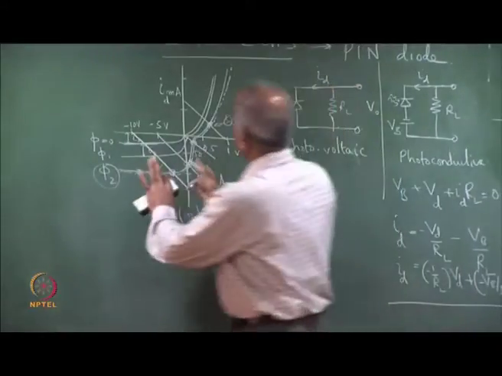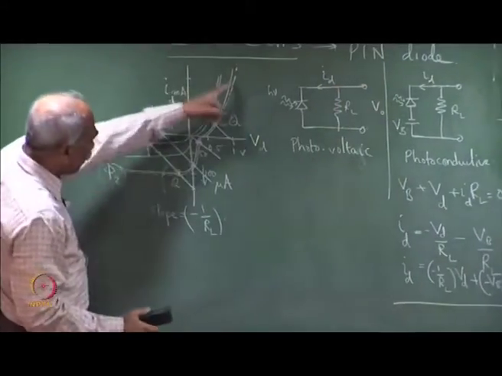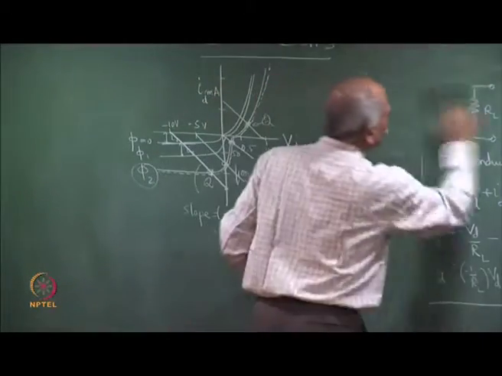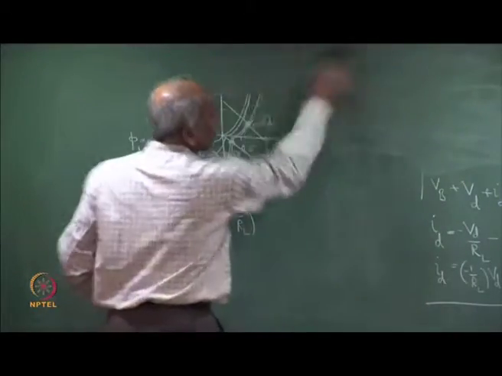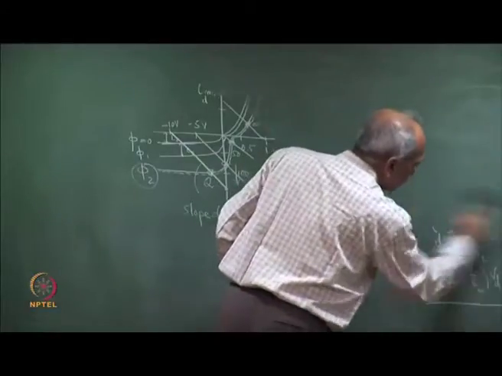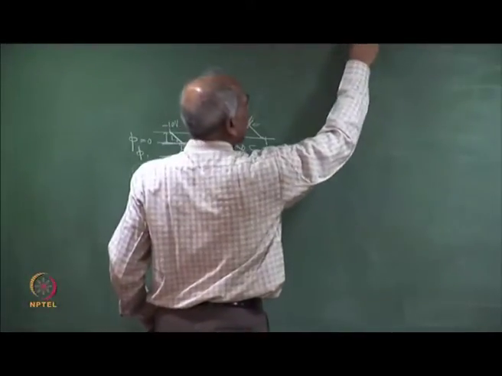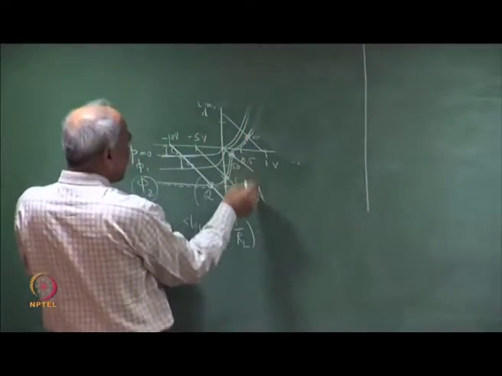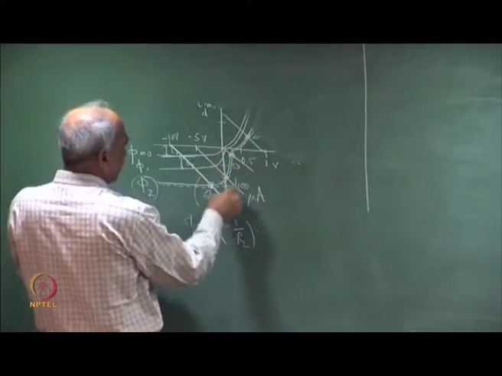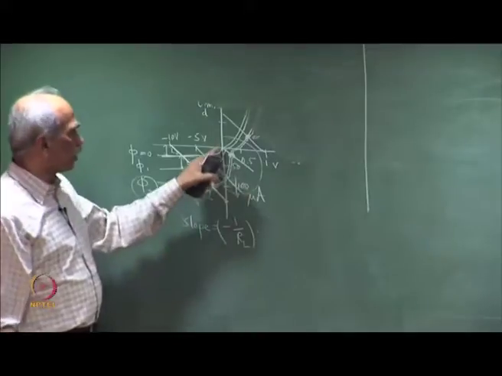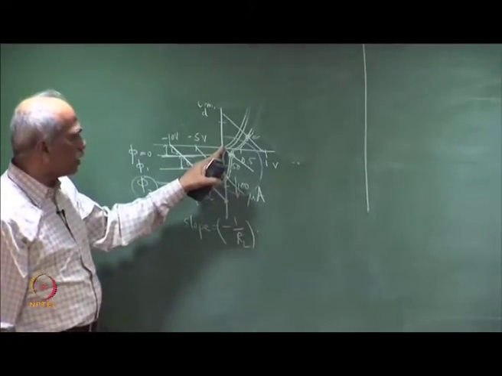So, let me now draw only the one corresponding to this, and erase all the rest. Here is the characteristic, and let me zoom this part of the fourth quadrant, because I am interested in solar cells, which means we are not applying any voltage, V b is 0.